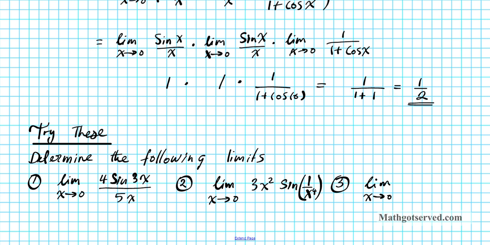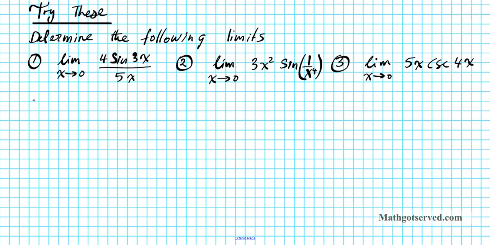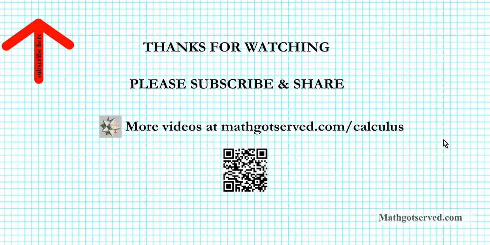Find the limit as x approaches 0 of 5x cosecant 4x. And then question number 4. To demonstrate your mastery of this concept, find the limit as x approaches 0 of sine x over 2x minus 5x squared. So try out these problems and then post your answers in the comment section below so I can see if you mastered this whole process.